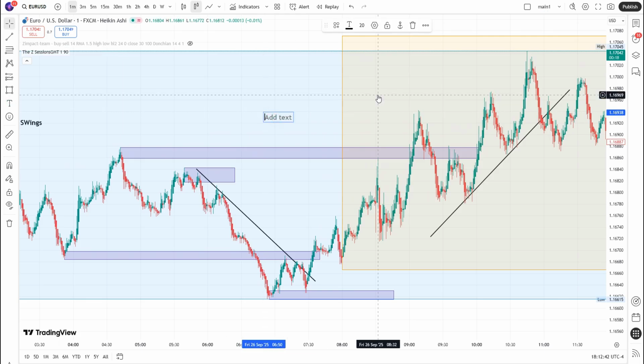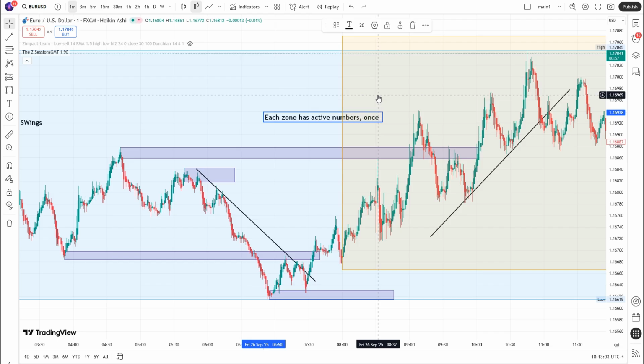Let me write it. Each zone has its own active numbers.